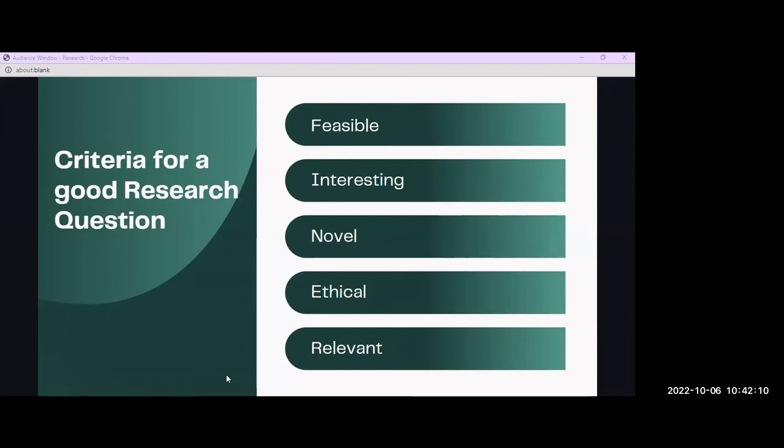Feasibility also when it comes to the scope of your study. Remember that when you are conducting data gathering, if you say that your scope is Region 11, it will entail time, it will entail cost.